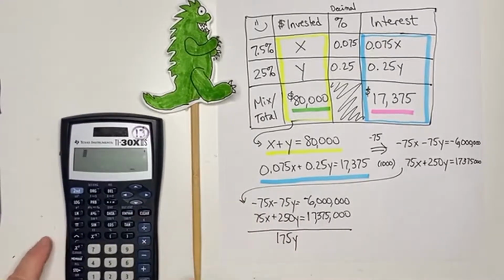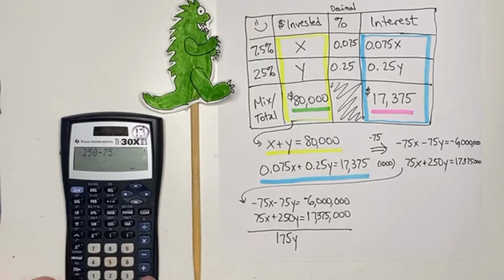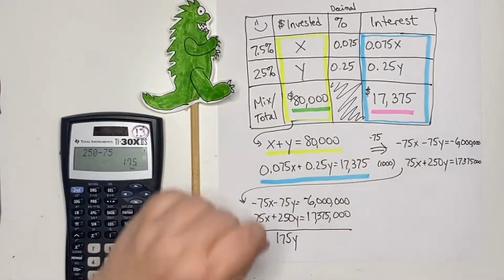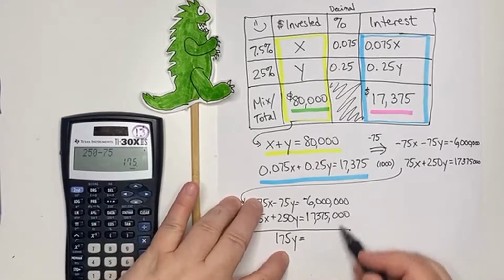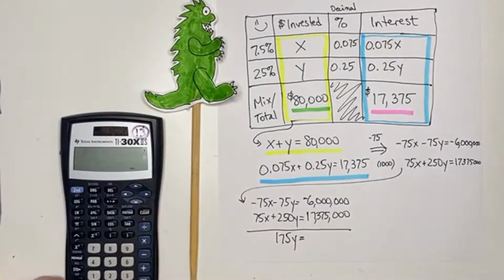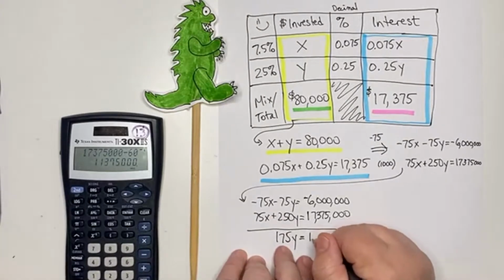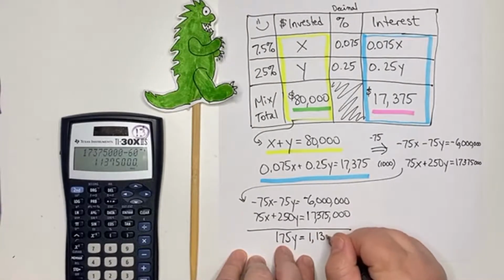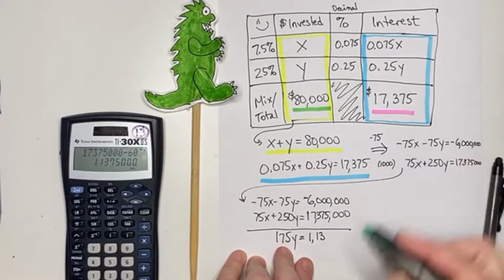Not always, not when I'm under stress. 250 minus 75. Yay! And then we can party if we get it right. This one I am absolutely doing on the calculator. 17,375,000 minus 6,000,000 gives me 113.